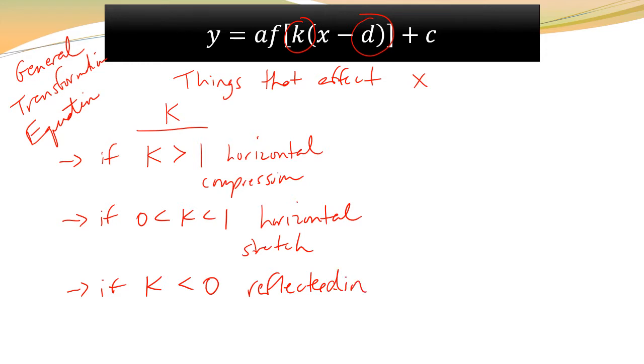Reflected in the y-axis. And this can be a lot of information up front at first, but once we start going through some examples this lesson plus the next lesson, it'll start to make more sense, hopefully, with practice.